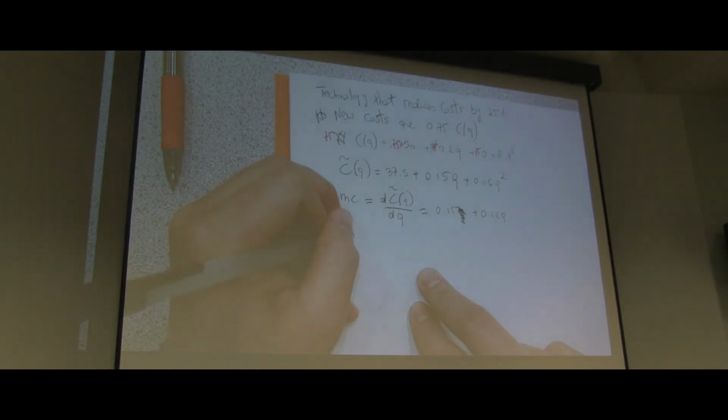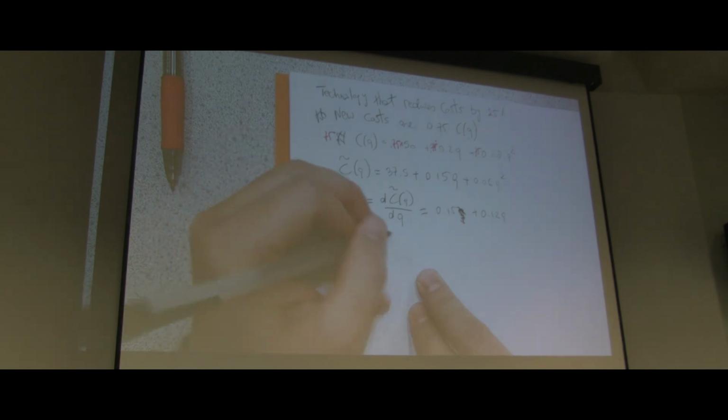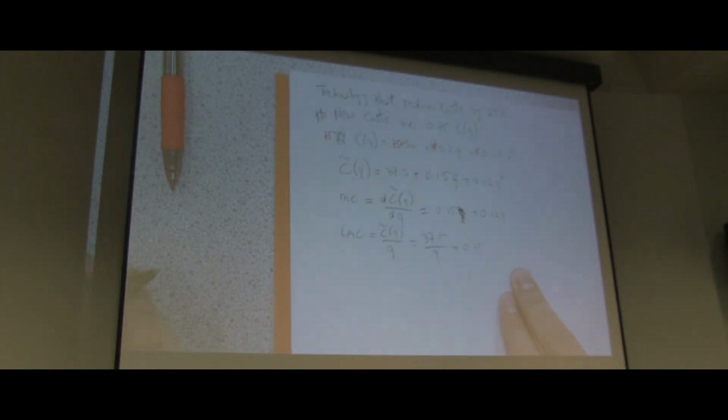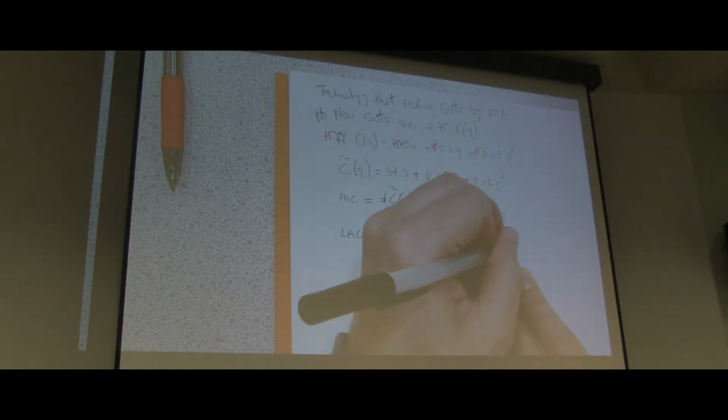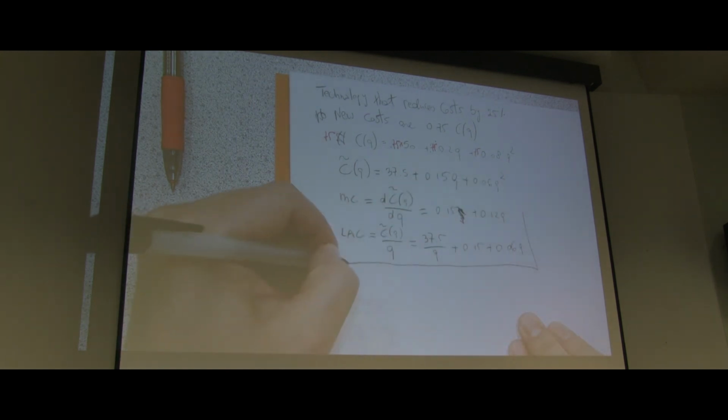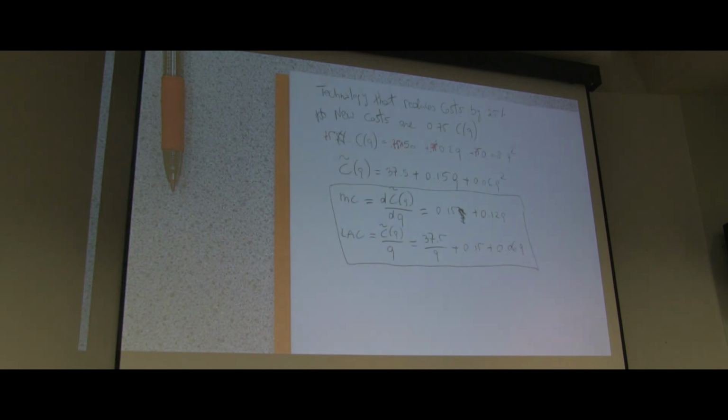What's the long run average cost? That is the cost divided by Q. So this is 37.5 divided by Q plus 0.15 plus 0.06Q. So now I have my new LAC and the LMC curves.